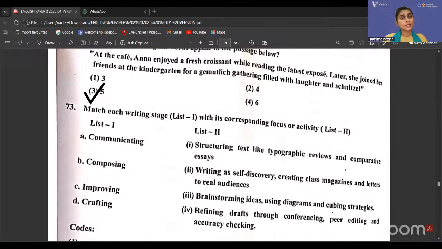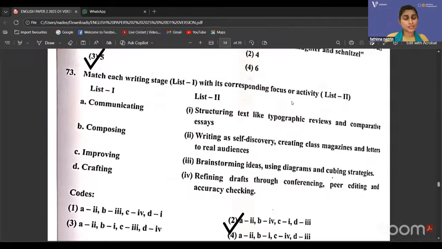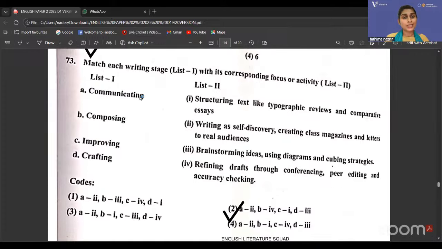Okay. Now, coming to 73rd question. Okay, now 73rd question, it is again a match the following. Match each writing stage with its corresponding focus or activity. Now, the answer would be option number 4. Okay, so communicating is writing as self-discovery, creating class magazine and letters to real audiences.